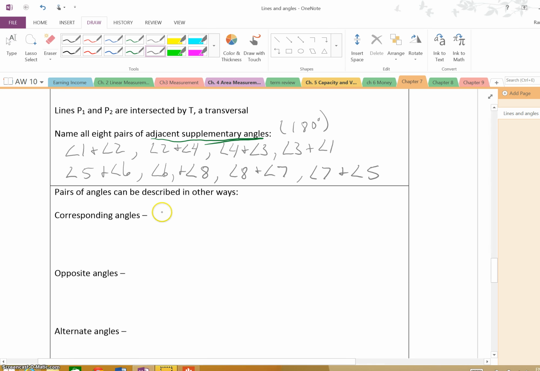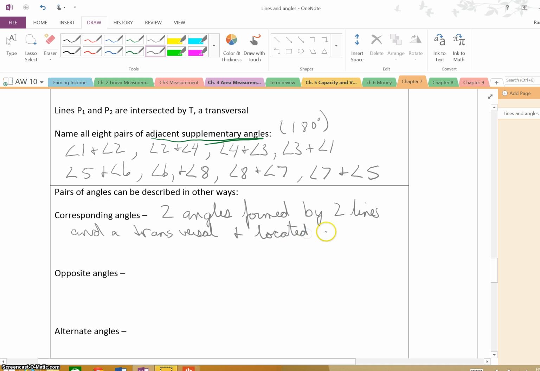That is when two angles are formed by two lines and a transversal and located on the same side of the transversal.